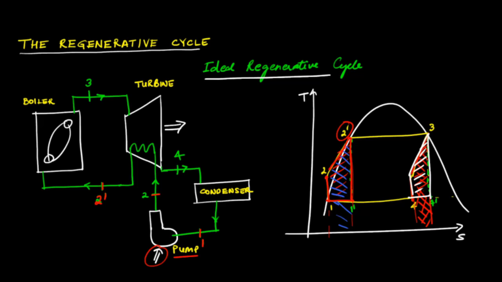In other words, if you consider the area enclosed by this curve, let's show in the blue color, it is exactly same as the area enclosed by this Carnot cycle, that is shown in the yellow color over here.